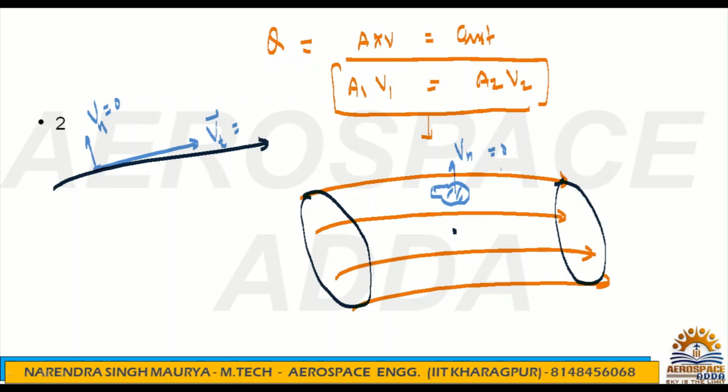Okay. So basically, anywhere when a bundle of streamlines is considered in a flow field, it constitutes a stream tube.